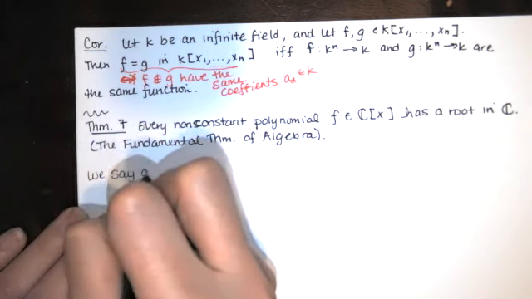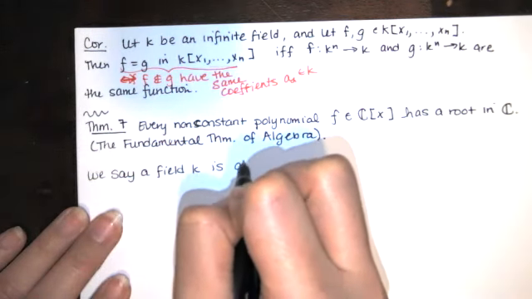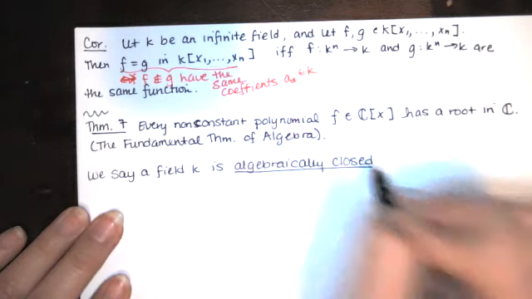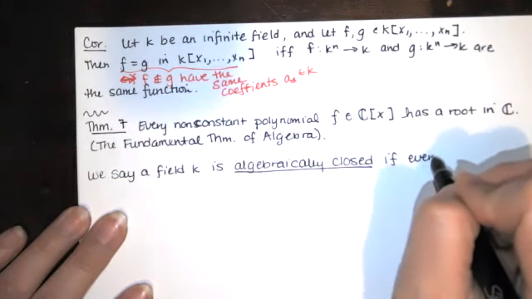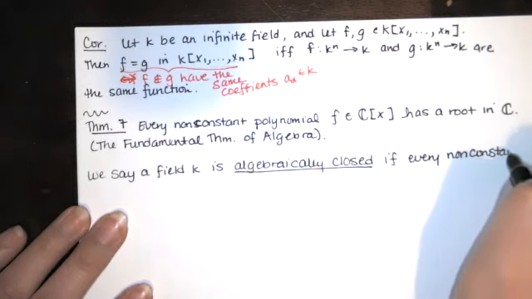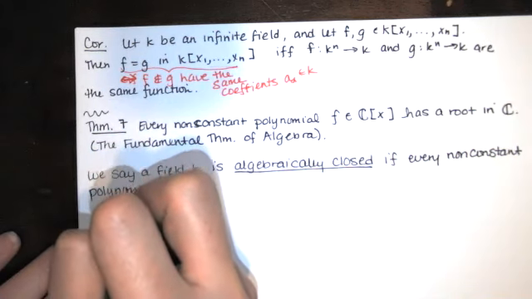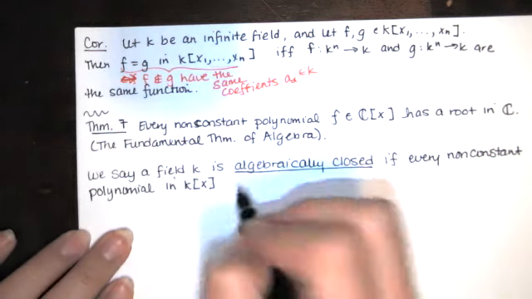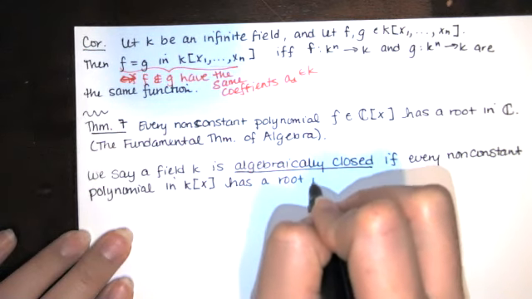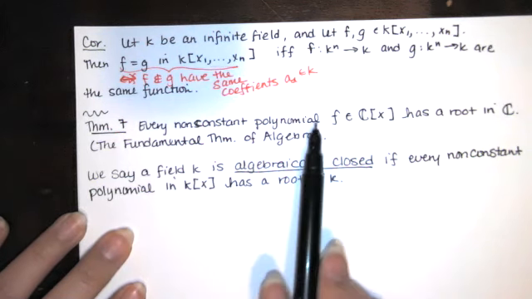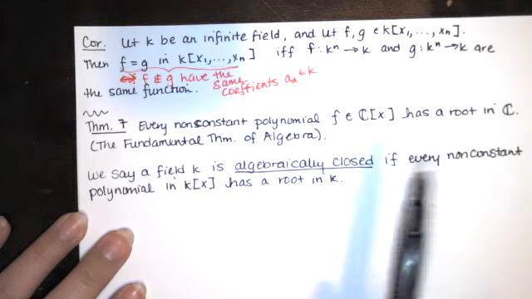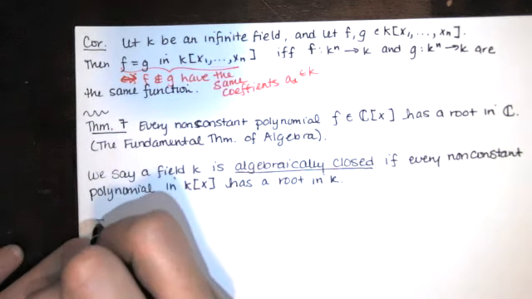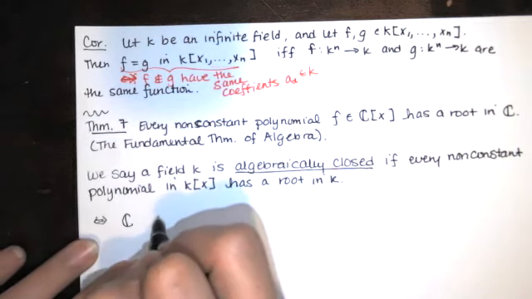Let's say that a field K is algebraically closed if every non-constant polynomial in the set of polynomials in a single variable with coefficients in K has a root in K. So when it's saying that every non-constant polynomial in this set has a root in C, and this is the definition of algebraically closed, it's saying the exact same thing to say that the set of complex numbers is algebraically closed.